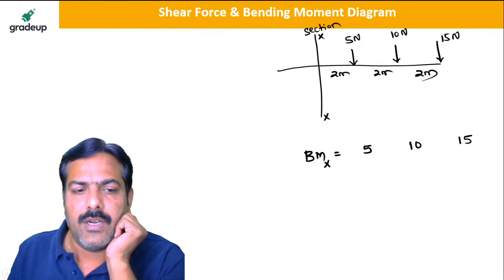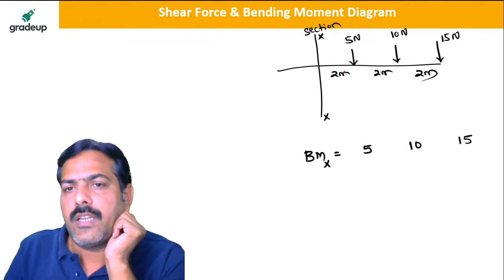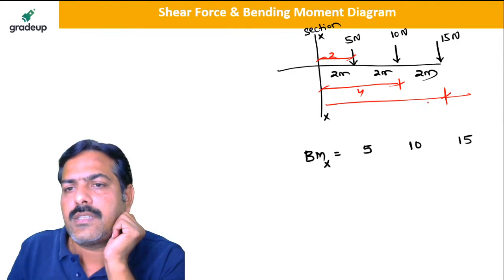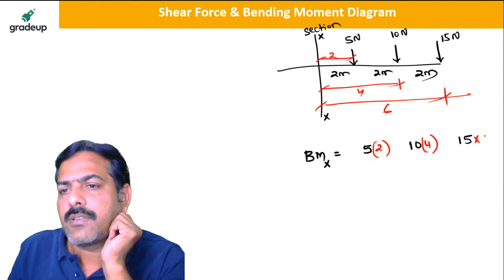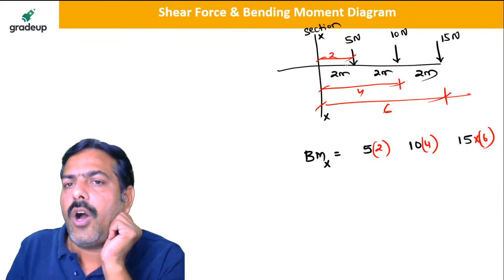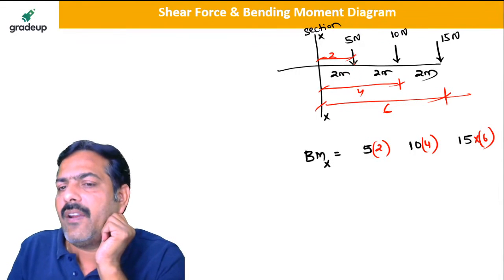What is the perpendicular distance of 5? Perpendicular distance of 5 from x is 2. Perpendicular distance of this is 4. Perpendicular distance of this is 6. So 5 into 2, 10 into 4, 15 into 6, and all three are giving hogging moment, my dear friend.